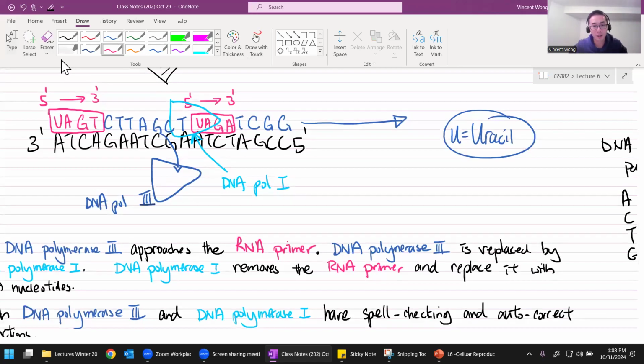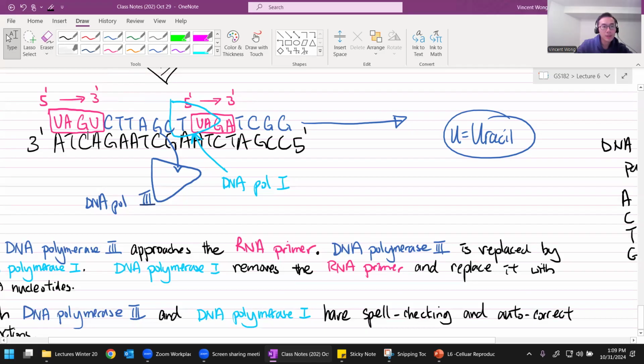Didn't notice that at all. Okay, same thing here. There's another T here. It shouldn't be a T, it should be a U. Okay, and that's why we have to replace the primer with actual nucleotides because we cannot have uracil in the final DNA product.